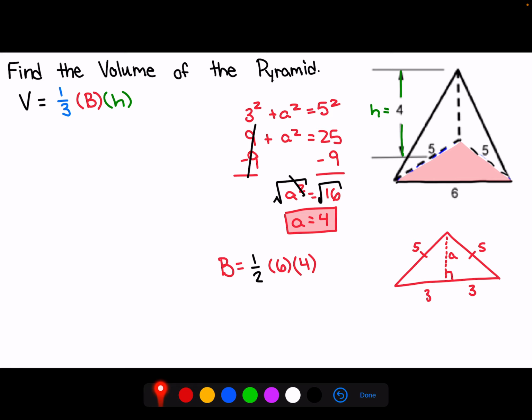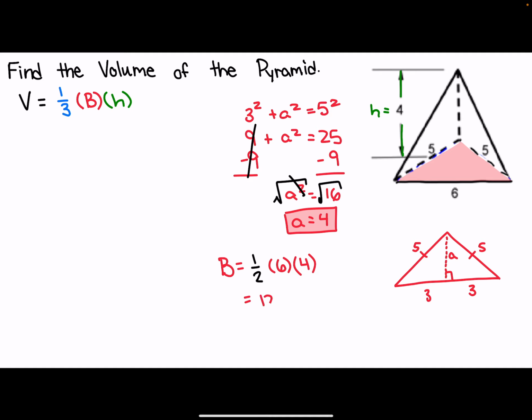So 6 must be the base of my triangle. So therefore big B, for the area of my base here, is equal to 1/2 times our base, 6, times our height, 4. 6 times 4 is 24. 24 cut in half is 12. So big B equals 12 units.